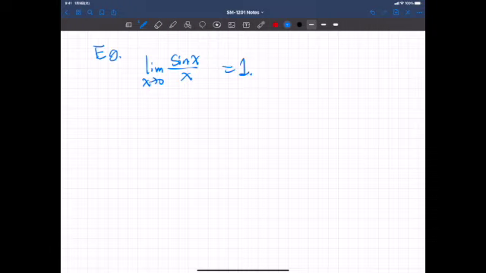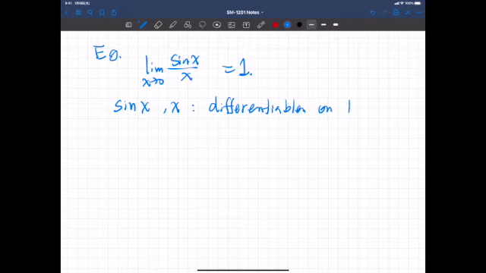To prove this, first we see if all the conditions of L'Hopital's rule are met. First of all, sine x and x are differentiable on all of the real numbers, which is an open interval.